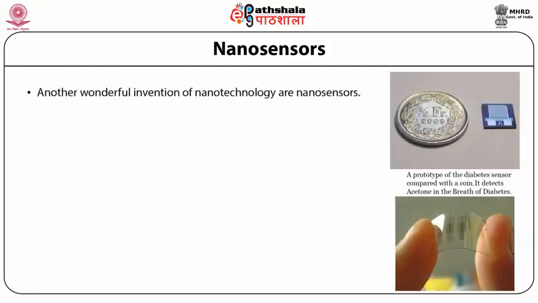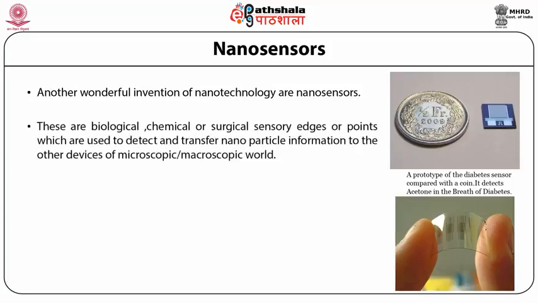The next nanoproduct is the nanosensor. It is another wonderful invention of nanotechnology. These are biological, chemical, or surgical sensory edges or points which are used to detect and transfer nanoparticle information to other devices of the microscopic or macroscopic world.